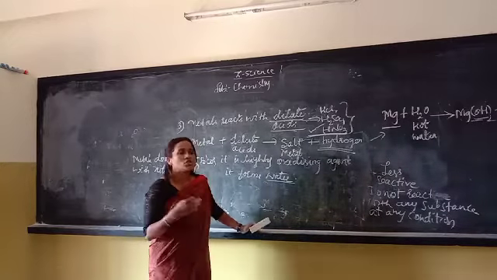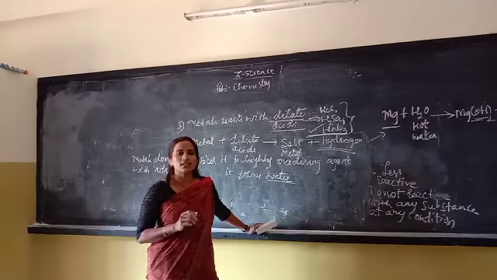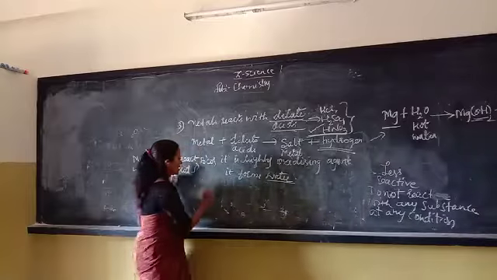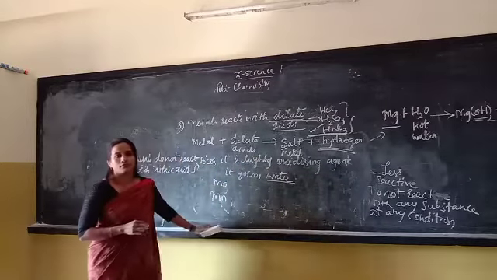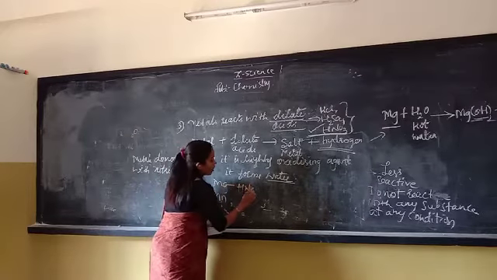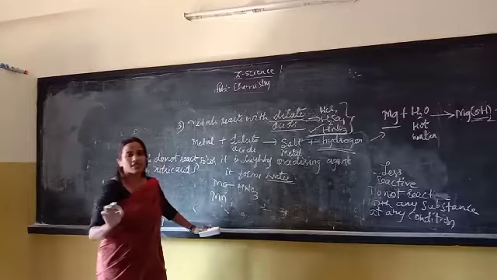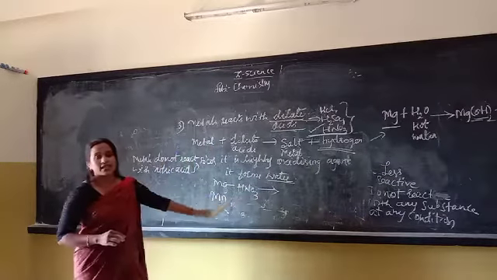But now you can ask a question: do none of the metals react with nitric acid? Only two metals are there, that is magnesium and manganese. So what happens when magnesium reacts with HNO3? Only magnesium and manganese have the capacity to react with dilute nitric acid.